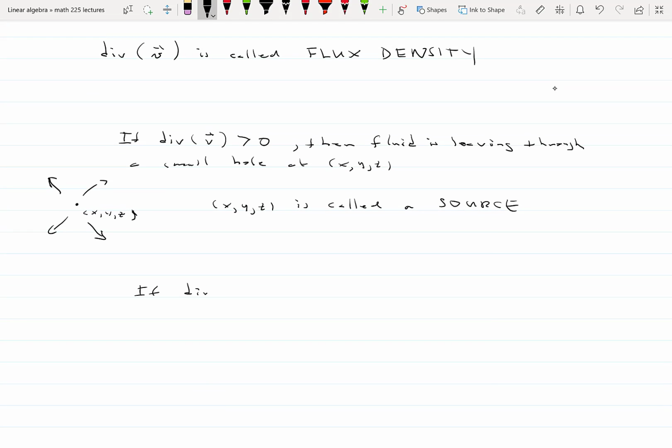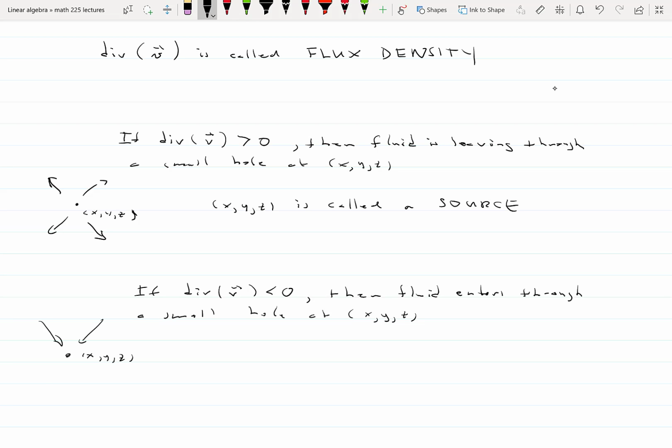If the divergence of your velocity vector at a point is less than 0, then fluid enters through an infinitely small, or just a small hole at the point XYZ. So if this is the point XYZ, you can think about it as the fluid is going into that hole.